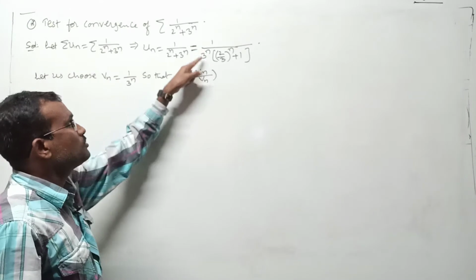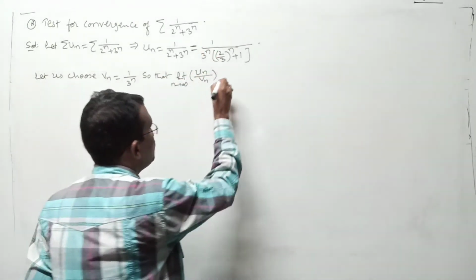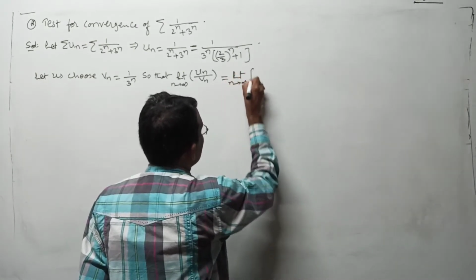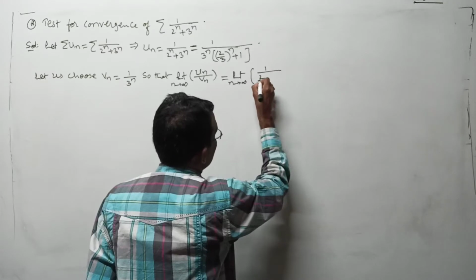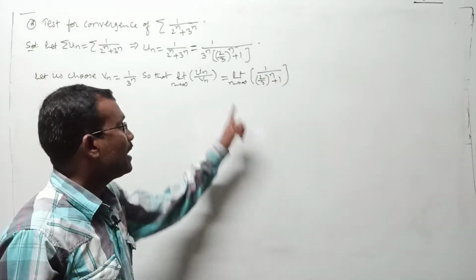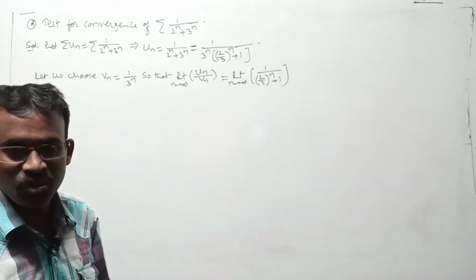Un by vn means this 3 power n gets cancelled, and 1 by this will be there. I mean the limit as n tends to infinity of 1 by 2 by 3 whole to the power of n plus 1. Any problem? As n tends to infinity, where is 2 by 3 whole to the power of n tending to? 0 or not?